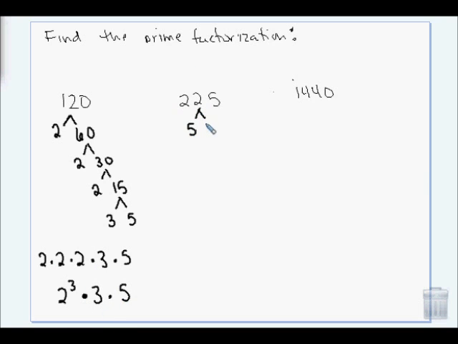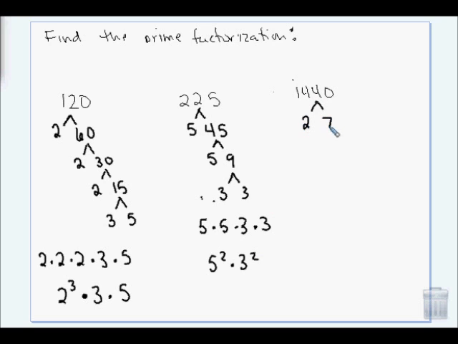This is 5 times 45, which is 5 times 9. So that's 5 times 3 times 3, so this is 5 times 3 times 3, which is 5 times 3 squared.